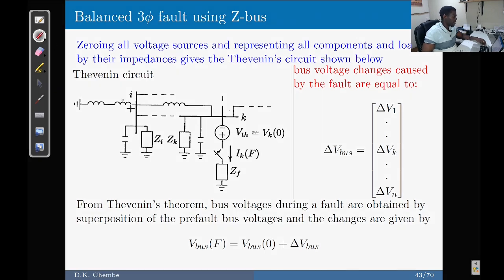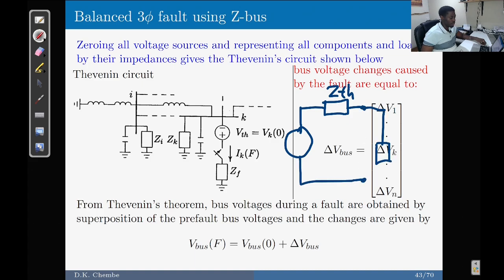Remember what we were saying previously, that if we have a Thevenin's network where we find the Thevenin's voltage in series with the Thevenin's impedance, then the network connected to this system, if this is Vk0, the Thevenin's voltage, because these two are in parallel, are going to be the same. So our V Thevenin here is equal to Vk0.